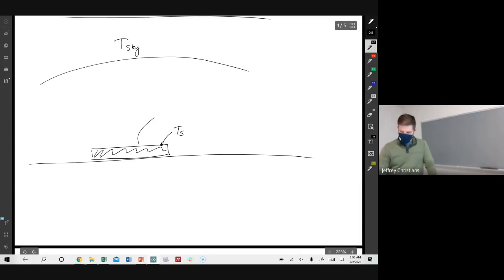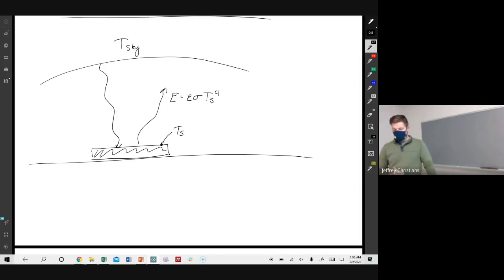You would be emitting from here, E equals epsilon sigma Ts to the fourth. You would be emitting radiation from the sky, which is incident on your surface. What you're absorbing is alpha G, where G is how much radiation the sky is giving off.